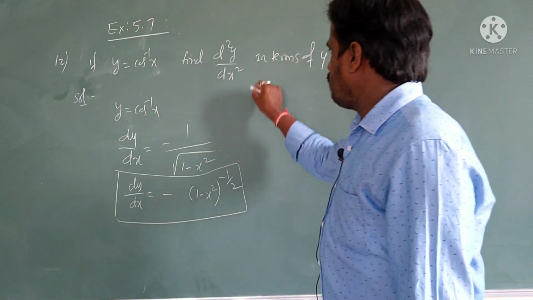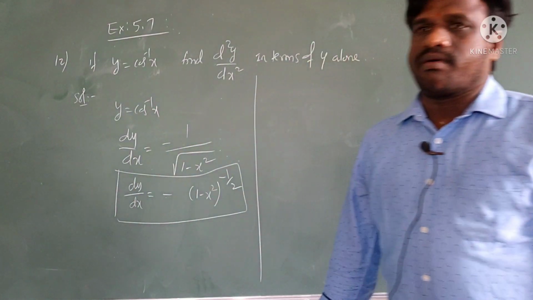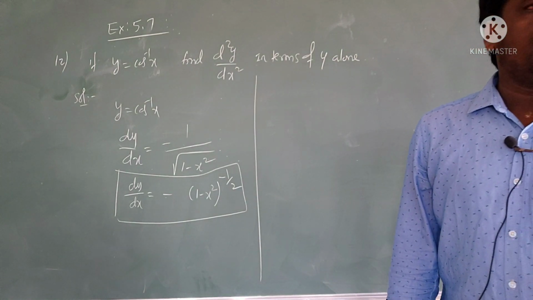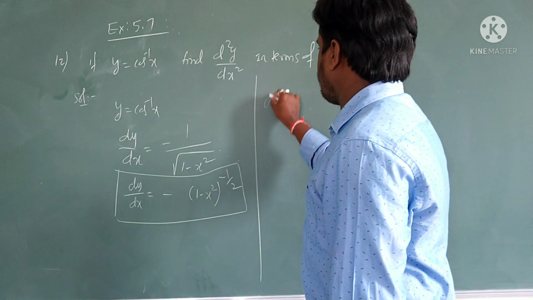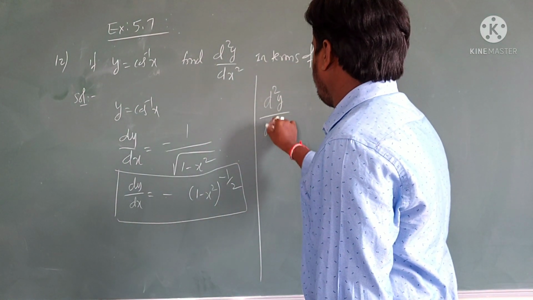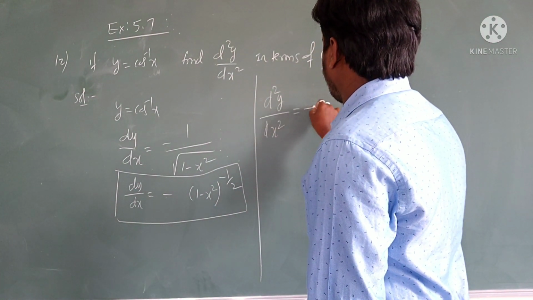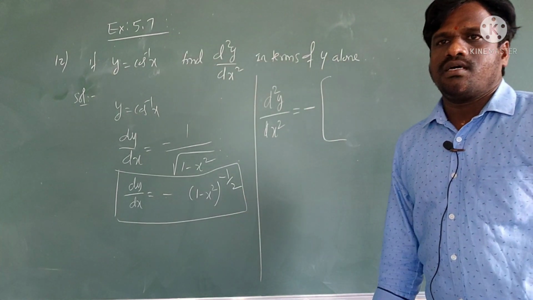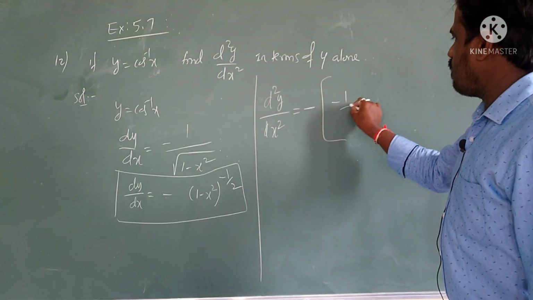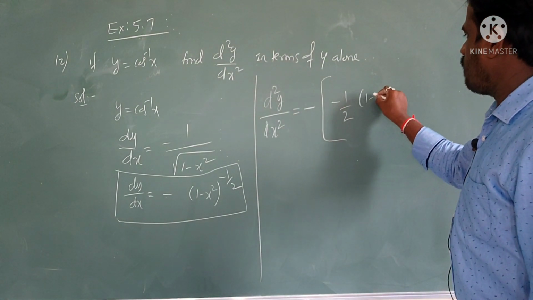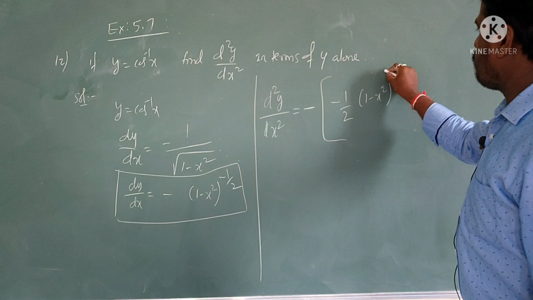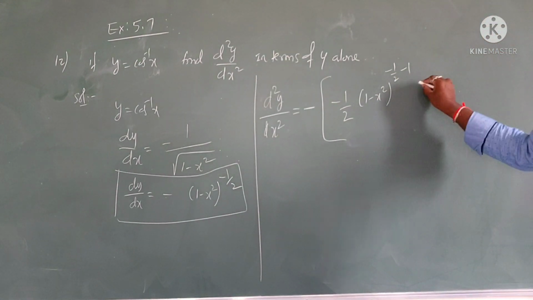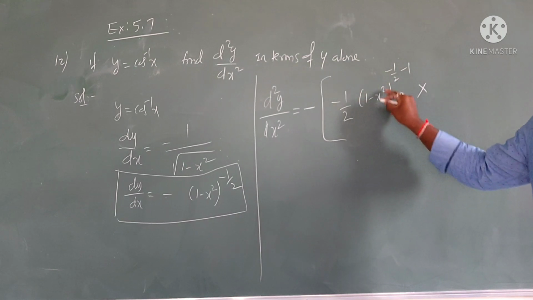But we have to find what? d2y by dx square. Now we have to differentiate again with respect to x. If we differentiate, what I get here? d2y by dx square is equal to minus. See, here I am applying the x power n formula: n into 1 minus x square to the power of n minus 1. And again we have to do the chain rule inside.